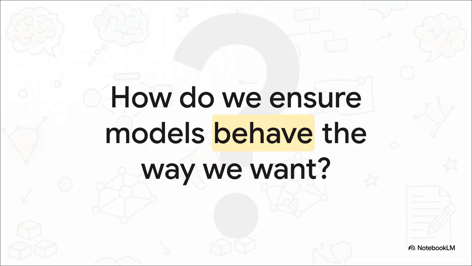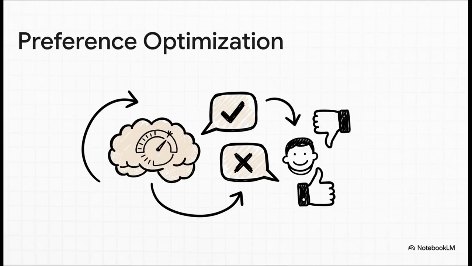You know, this might be the single most important question in all of this. We can give a model knowledge and skills, but how do we teach it values? How do we align its behavior with what we humans actually prefer and make sure it's helpful, honest, and harmless? This is where preference optimization techniques come in. I like to think of them as the calibration tools for a model's behavior. Methods like direct preference optimization, or DPO, are really powerful here.